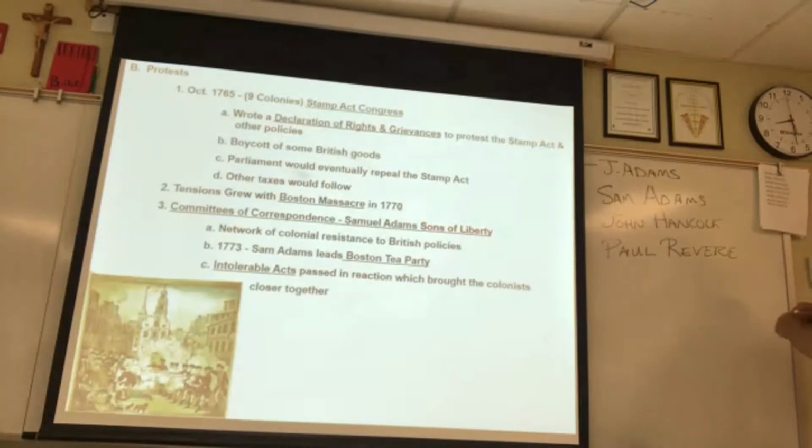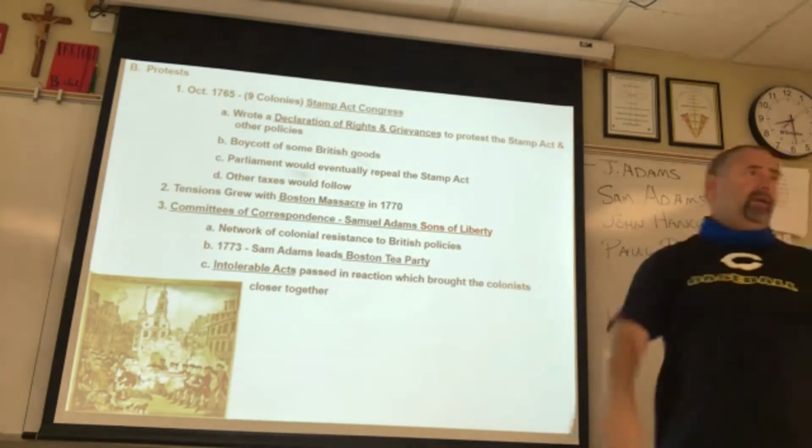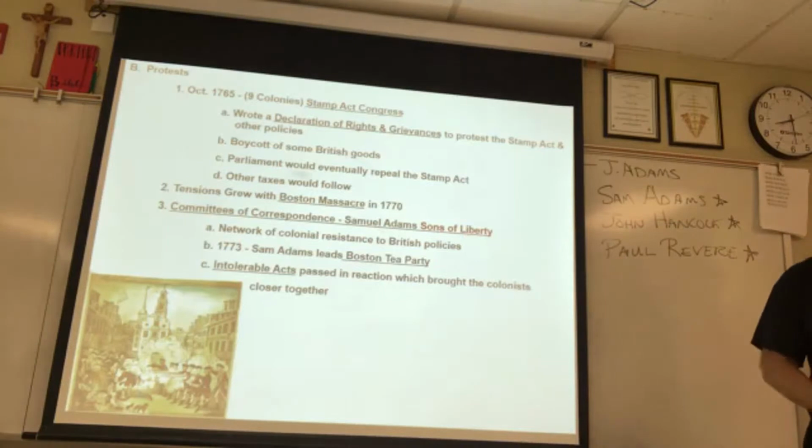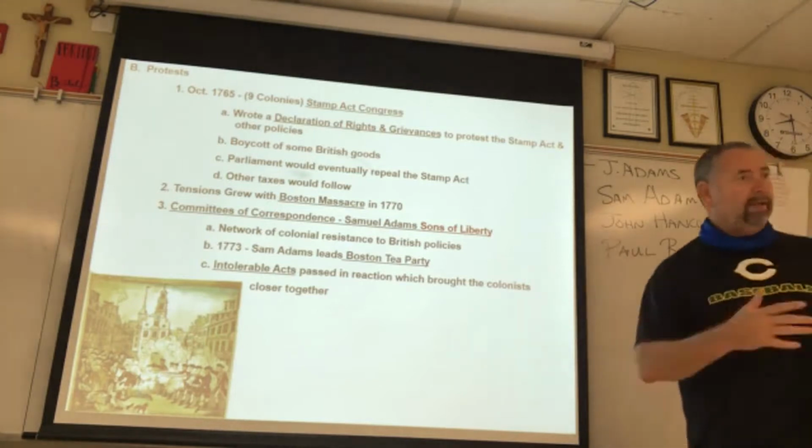Now, as I said, the radicals in the Sons of Liberty asked John Adams to join, after he got the British soldiers off, by his cousin Sam. And he's like, no, I'm not doing it. I am for the law. I think we need to work things out with the British.